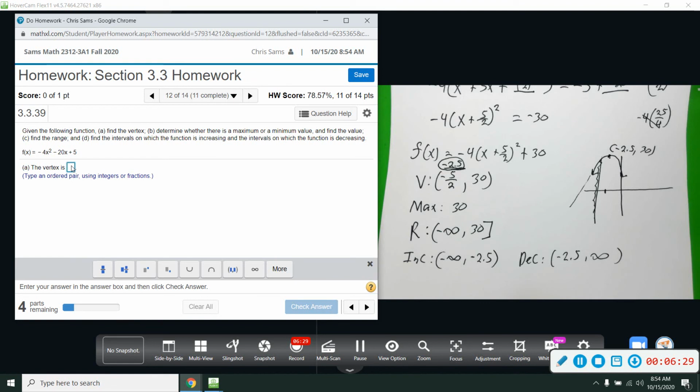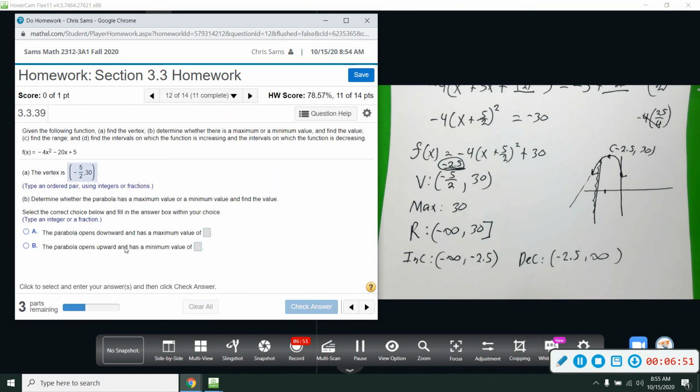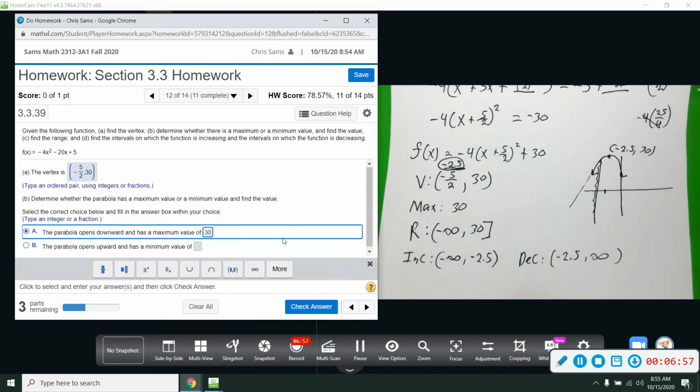So the vertex is going to be, and it says type ordered pairs using integers or fractions. So we actually are going to be okay with the fraction. Negative 5 divided by 2 and 30. We have the parabola opening downward has a maximum value of 30.